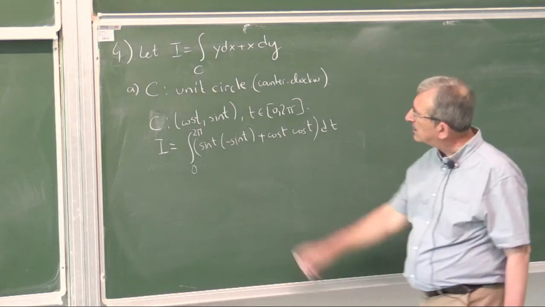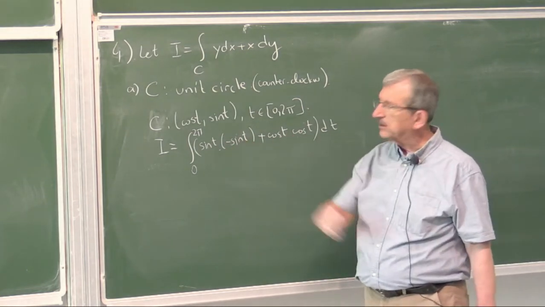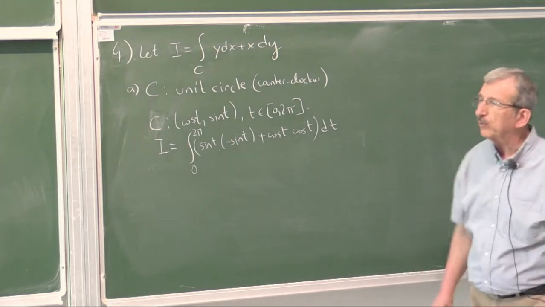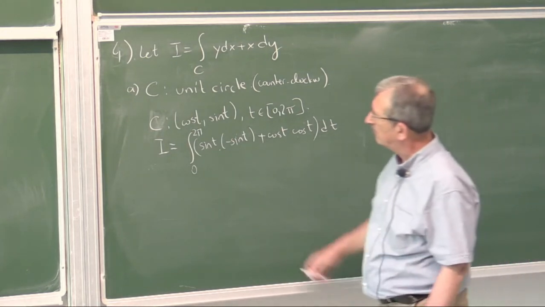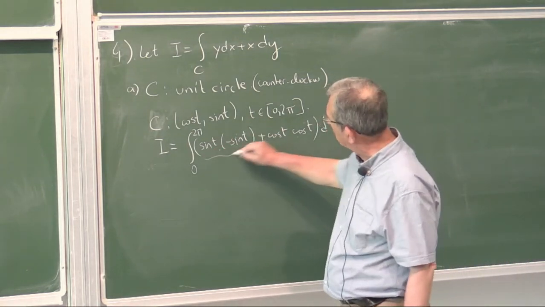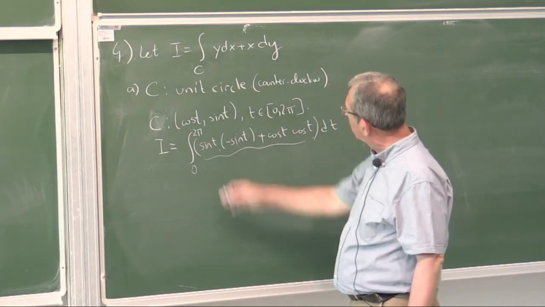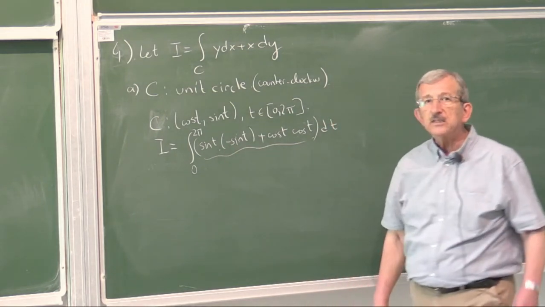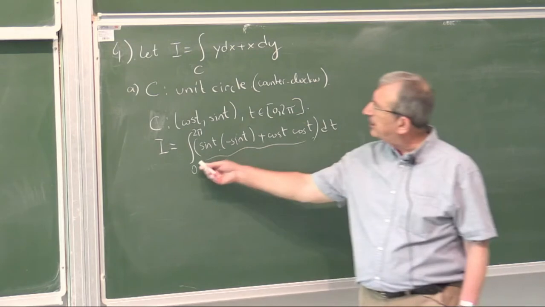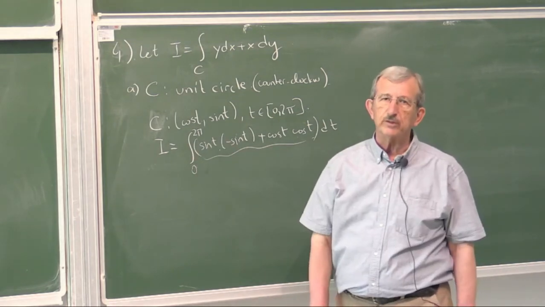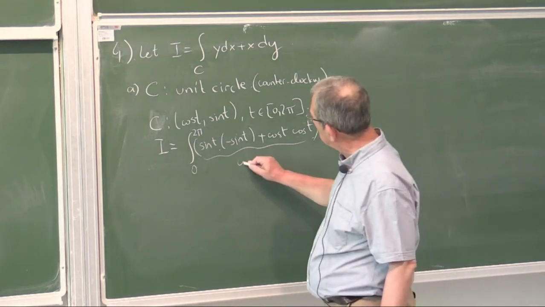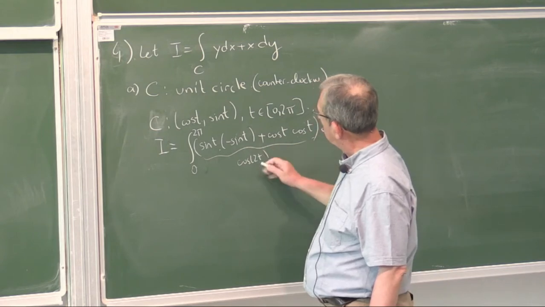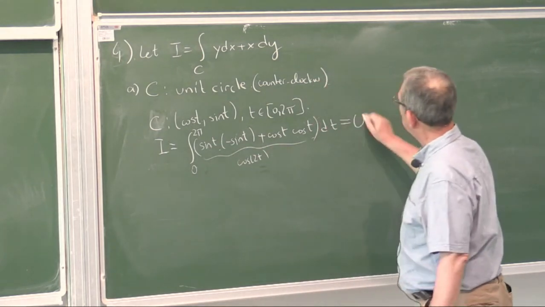Now, this tells us that we have cosine squared minus sine squared, which is cosine 2t. That's not important. The integral of cosine 2t is sine 2t over 2. At 0 and 2 pi, of course, it gives 0. So this is cosine 2t. Integrate, put the values, you have 0.